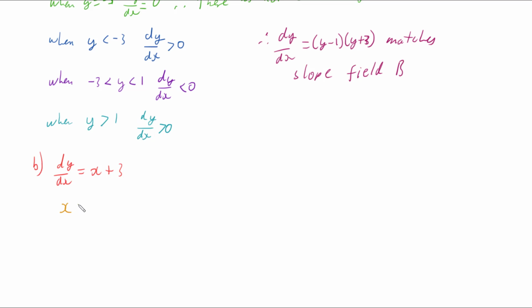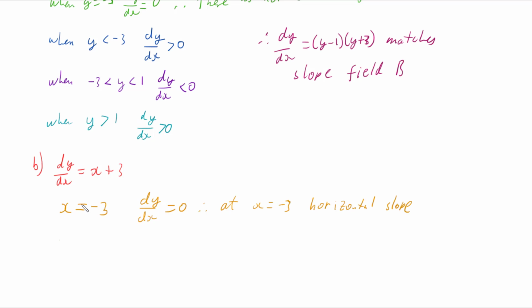When x equals negative 3, what's going to be our gradient? So we're going to have negative 3 plus 3, so dy/dx is going to be 0. So therefore, at x equals negative 3, we're going to have a horizontal slope.